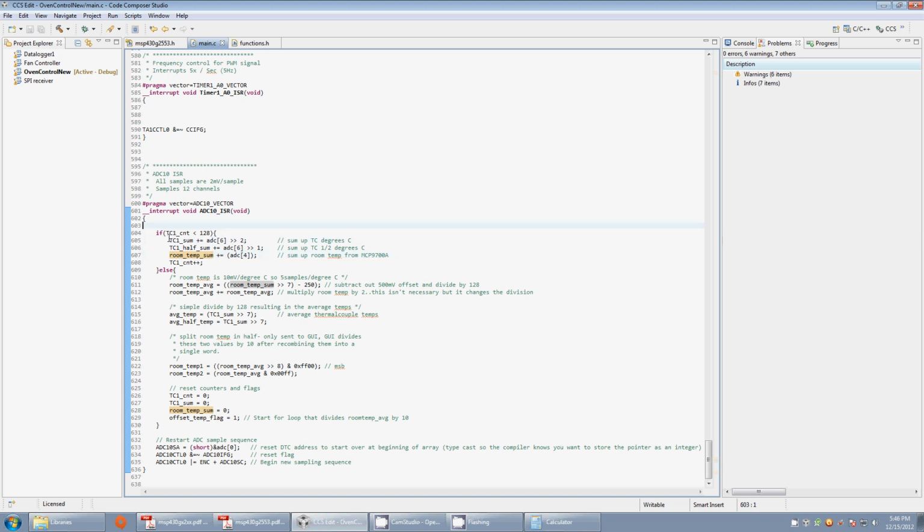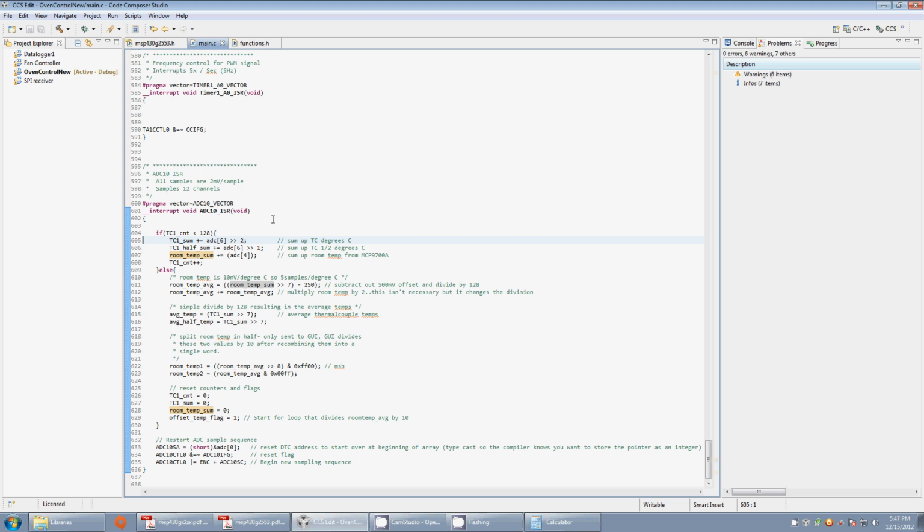We sum up 128 samples of the temperature sensor and the A to D. This is just the temperature. This is a temperature sensor too, but we're summing up in half degrees C instead of 1 degree C like up here. So we get to this line, we add up 128 times our thermocouple sample temperature.